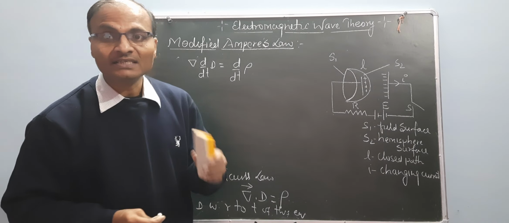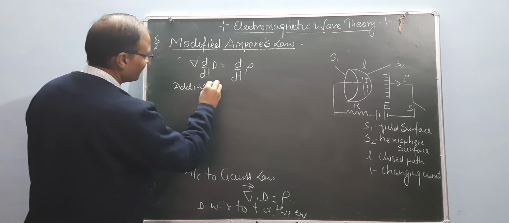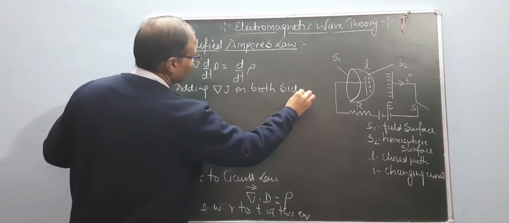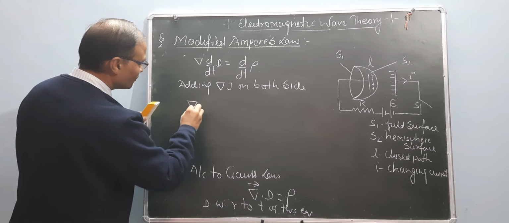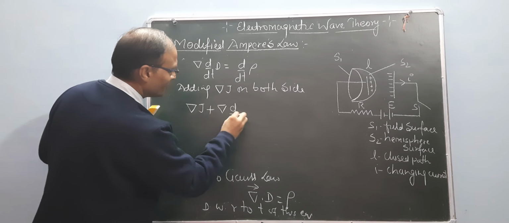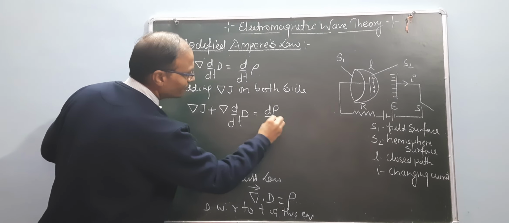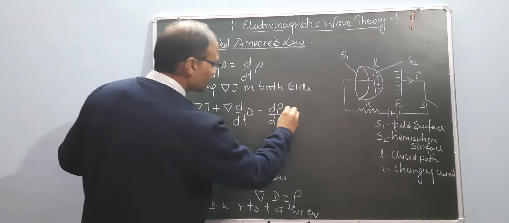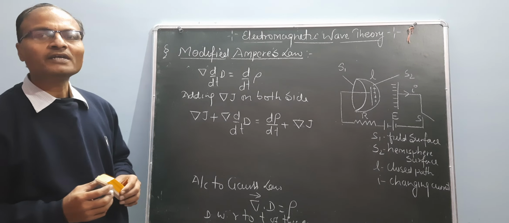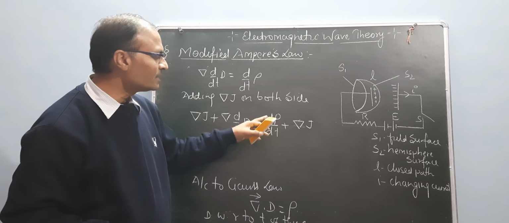Now adding divergence J on both sides, the equation is del dot J plus del dot del D over del t equal to del rho over del t plus del dot J. If you look at this, the right side is del dot J plus del rho over del t.